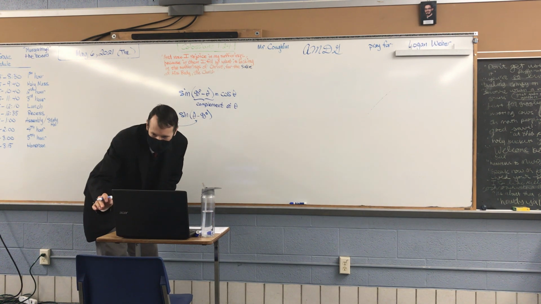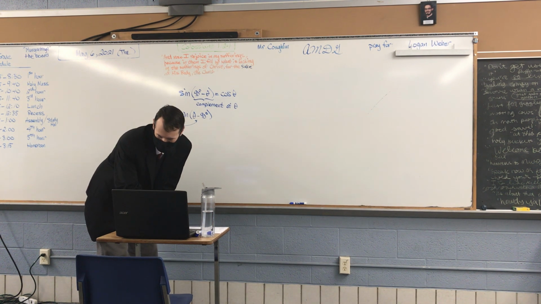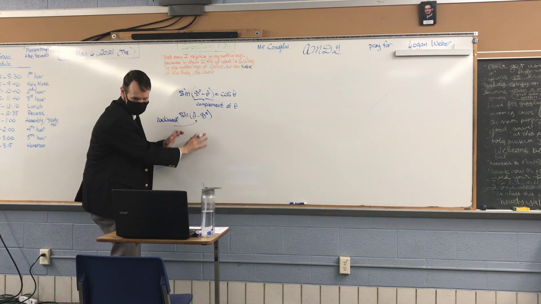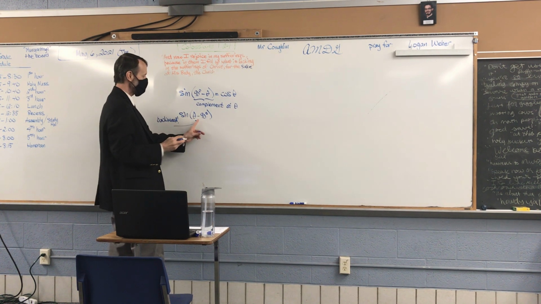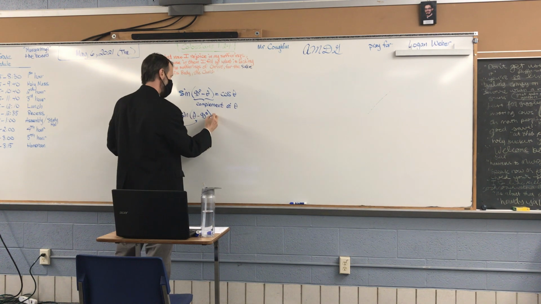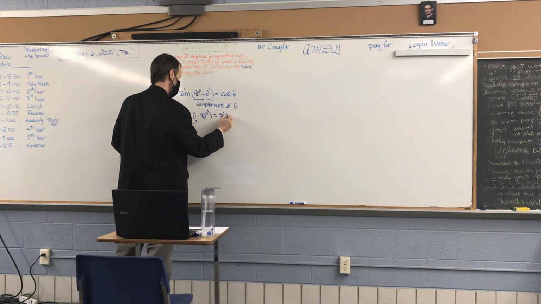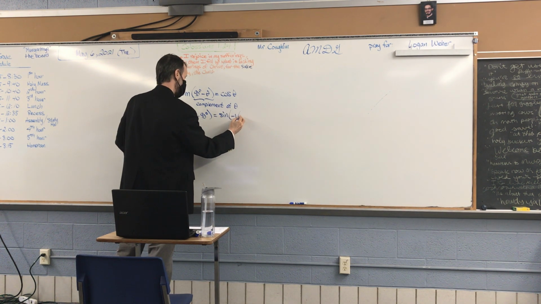I've got this teeny little postage stamp of a screen, so I'm just taking it on faith you can see this. Anytime you want to switch a subtraction, you can pull out a -1 and then flip it around.